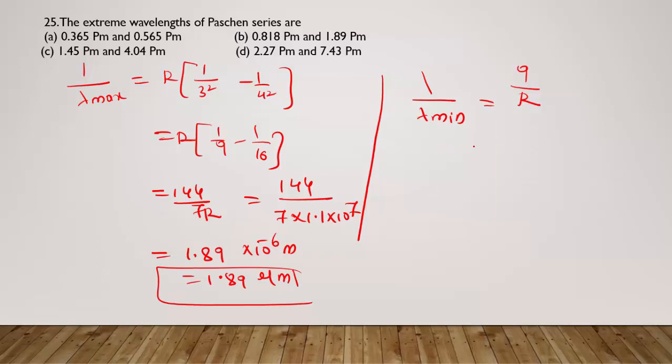The minimum value is 9 divided by R, 9 divided by 1.1 into 10 to the power of 7, Rydberg constant. We get the answer 0.818 micrometer. Here the extreme wavelengths of Paschen series lie between 0.818 and 1.89 micrometer. Option B is the right answer.